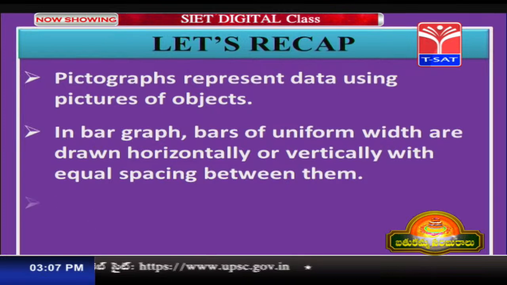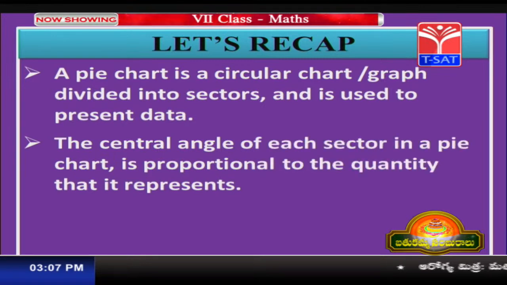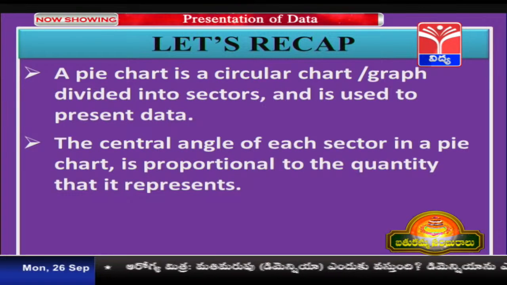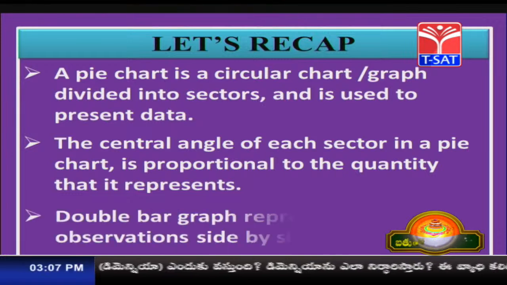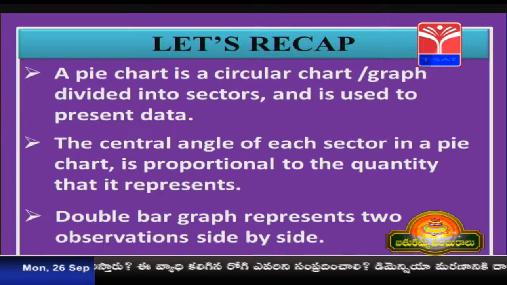Okay children. And the length of the bar represents the frequency of the data. And a pie chart is a circular chart which is divided into sectors and is mainly used to present the data. And the central angle of each sector in a pie chart is proportional to the quantity that it represents. And double bar graph generally represents two observations side by side.